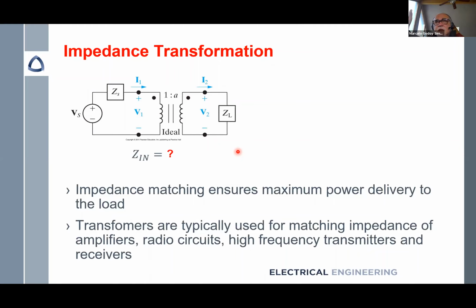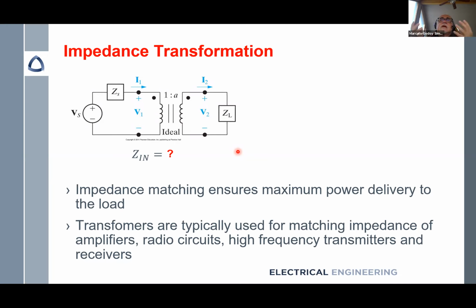So you can take the load on the secondary and reflect it on the primary, or you can take your primary and reflect it on the secondary. This reflection, primary side reflected to the secondary, or secondary side reflected to the primary, is a way to make the impedance transformation calculations a little easier.